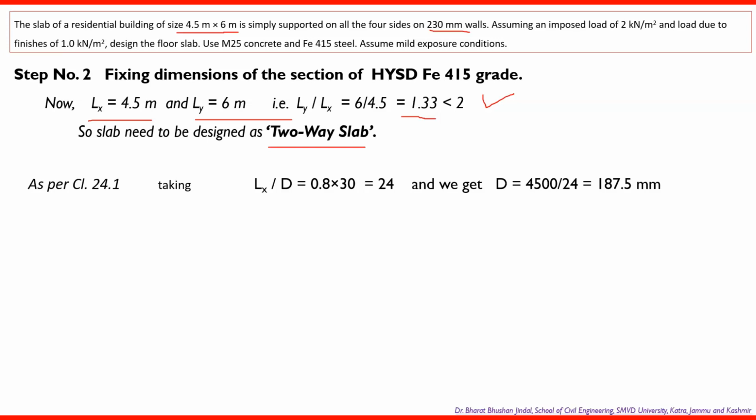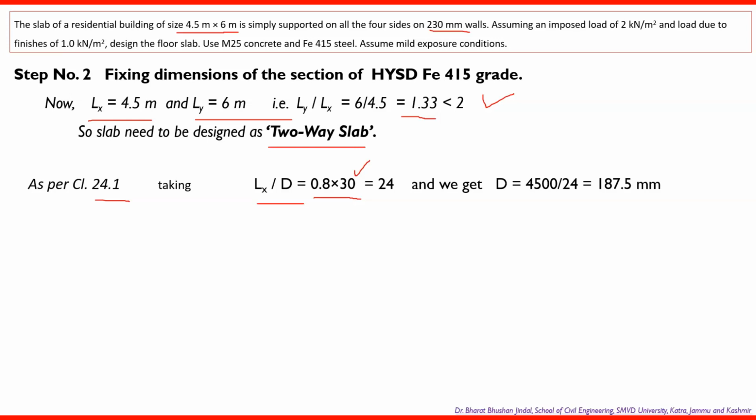Now as per clause number 24.1, we can take the Lx by D ratio, that means the ratio of span to the overall depth of the slab. If you refer to clause number 24.1, in case of a simply supported slab this ratio can be taken as 30.